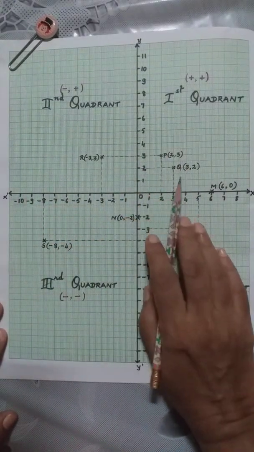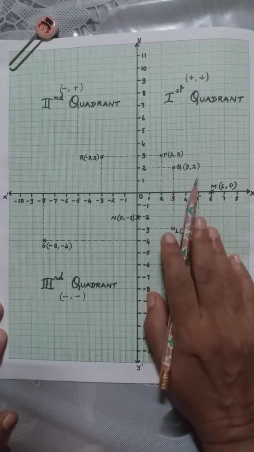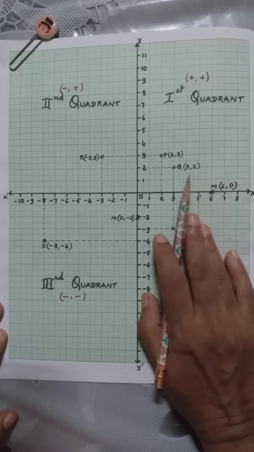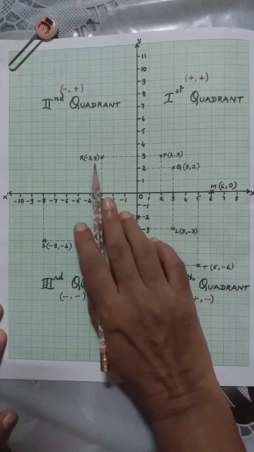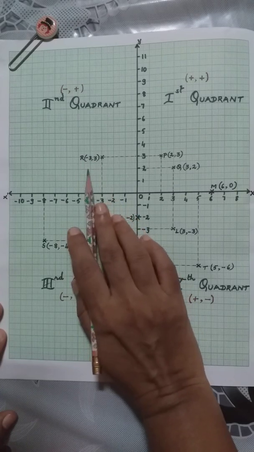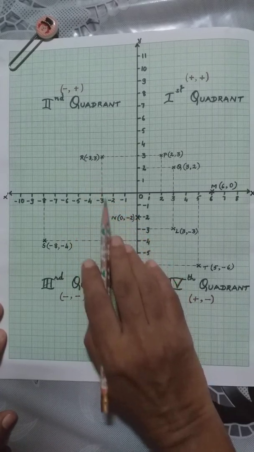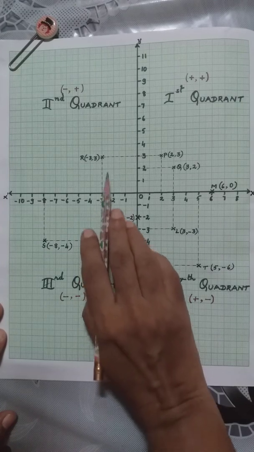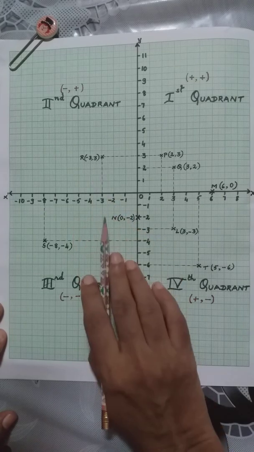Now as I told you, we can fix the position of a point in a plane by its coordinates. We have already done points P and Q. Now coming to the point R, you can see the coordinates here, minus 3, 3. Minus 3 on the x-axis and 3 on the y-axis.